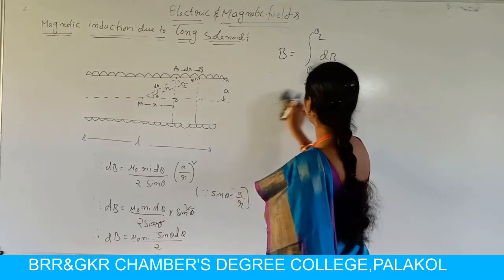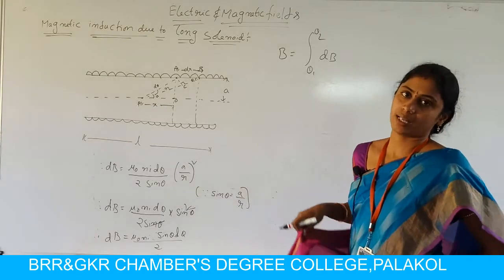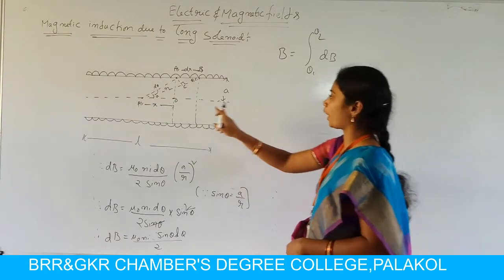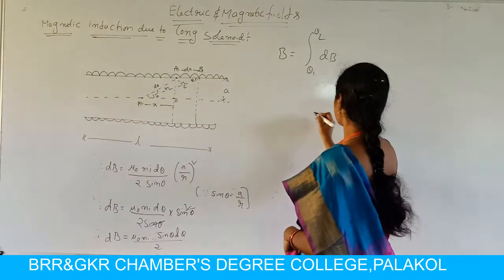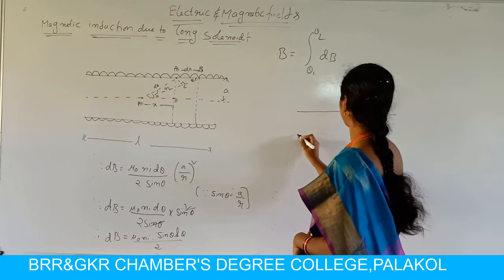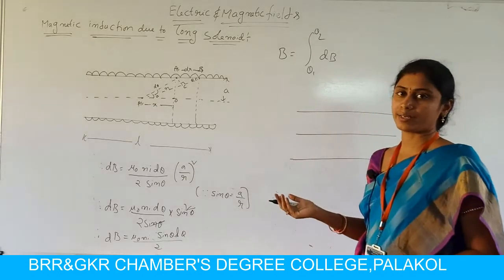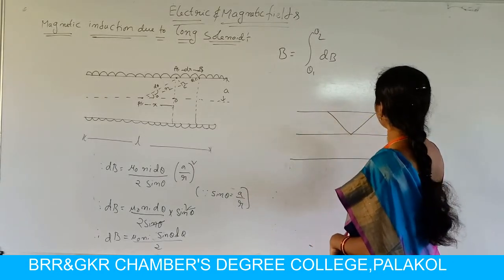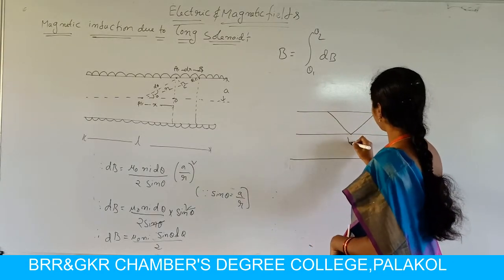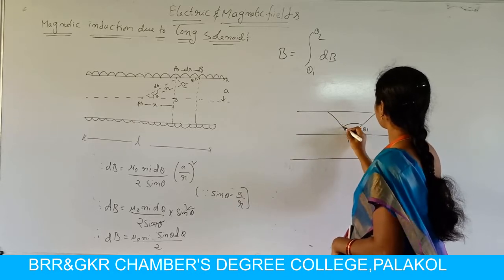Here theta 1 and theta 2 are the semi-vertical angles subtended by this point P at the two ends of the solenoid. As given in this diagram, at this point the angle is theta 1 and the other angle is theta 2.